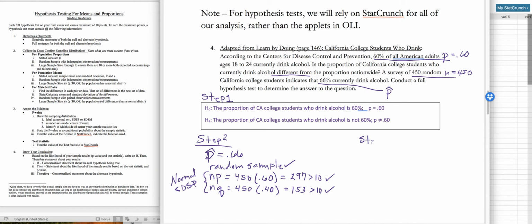Okay, on to step 3. Over here, this is where we are assessing our evidence, which is all about our p-value. So the first thing that I want everybody to do is draw this sampling distribution of sample proportions.